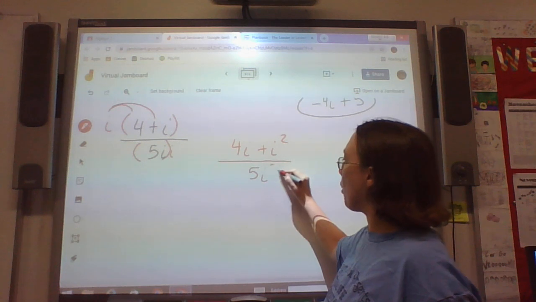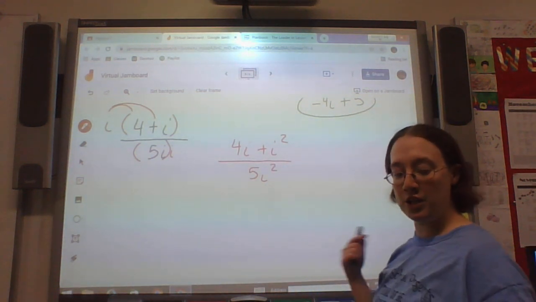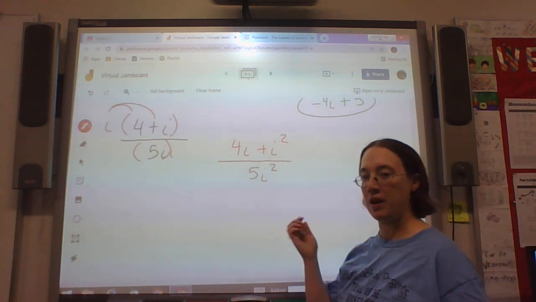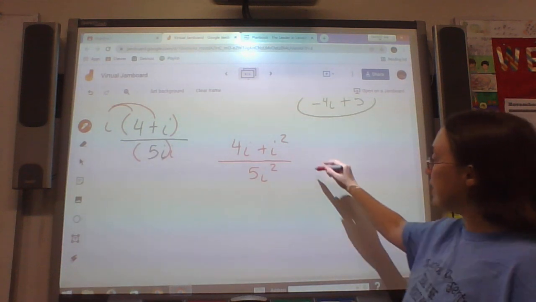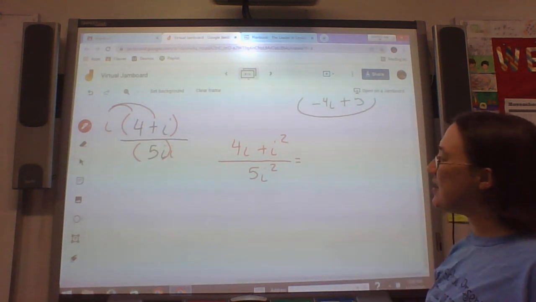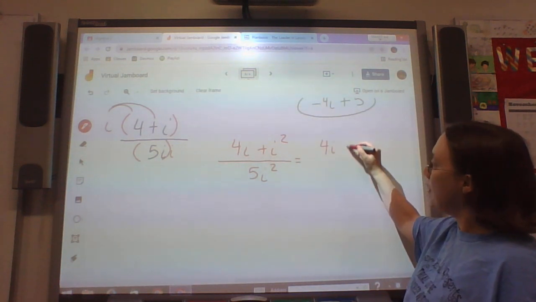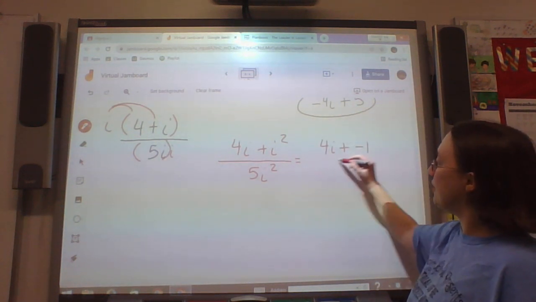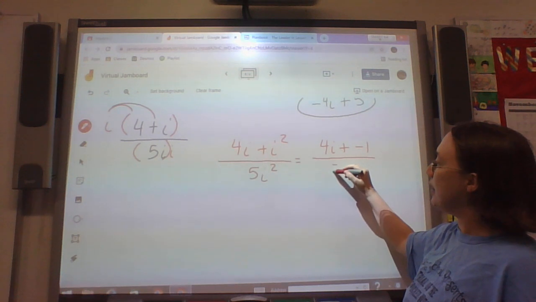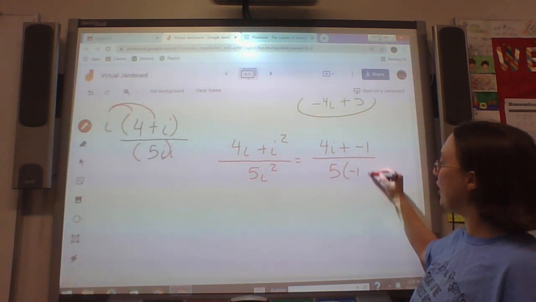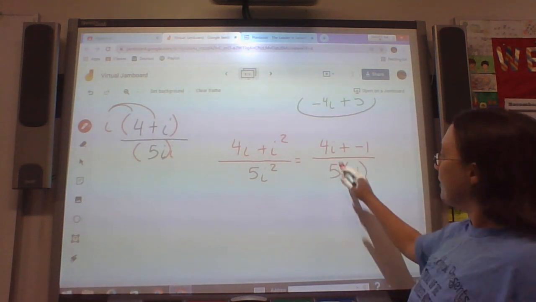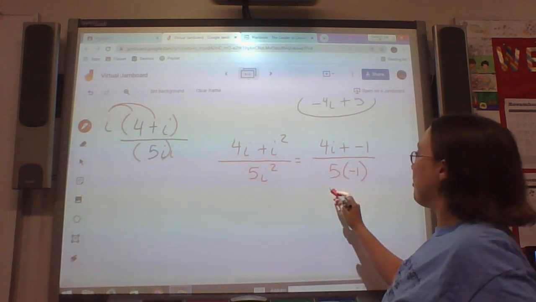Now, the more we do of this, you might get to the point where you do some of these steps in your head, but I'm going to keep writing these out for now. So we're going to take these i squareds and turn them into negative 1. So we've got a 4i plus a negative 1 over a 5 times a negative 1. Okay, 5 times negative 1 is just negative 5.